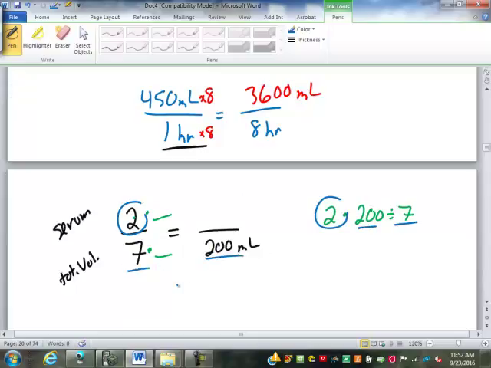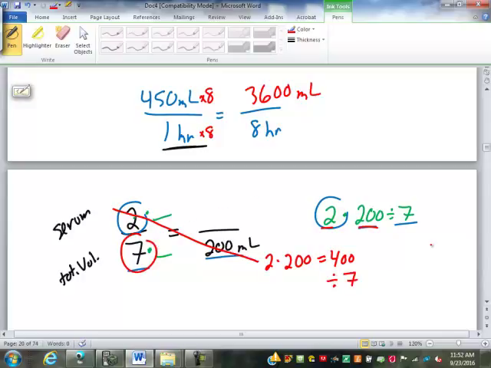This is the basis for a process that most of you have probably seen before, called cross multiply and divide. So 2 times 200, you notice the 2 and the 200 are diagonal from each other. You will multiply the two numbers that are on the same diagonal. 2 times 200 is 400. And then you will divide by the number that's on the other diagonal by itself.